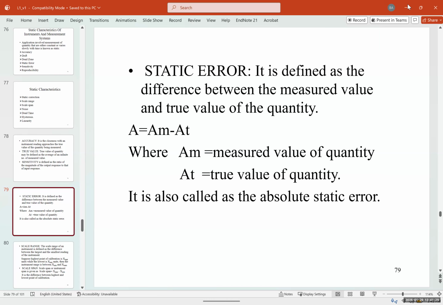So for example, if the true value of the temperature is 76 and the measured value is 78, then our static error would be 2 degrees. AM is the measured value and AT is the true value. It is also called the absolute static error as well. So in an exam, if we ask for absolute static error, it's also the static error, the difference between the measured and the true value.